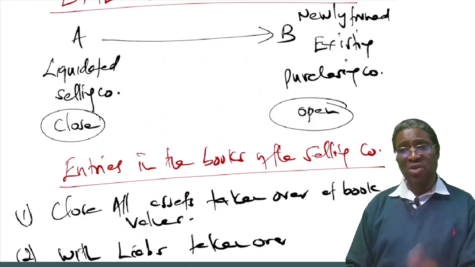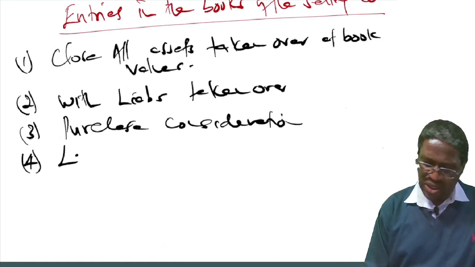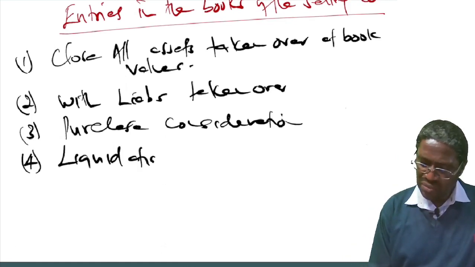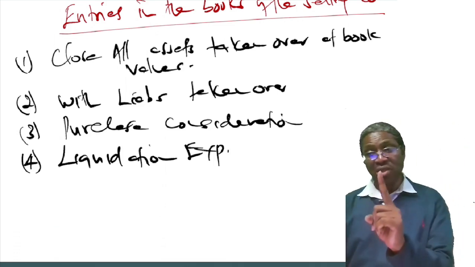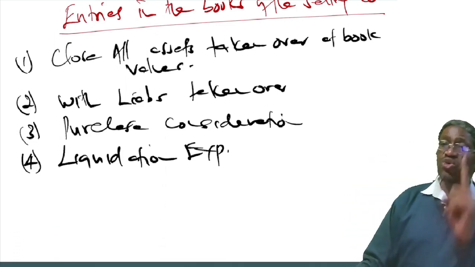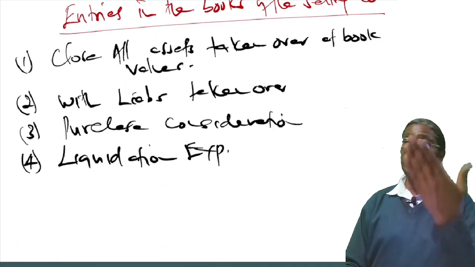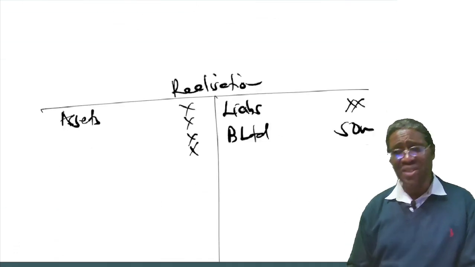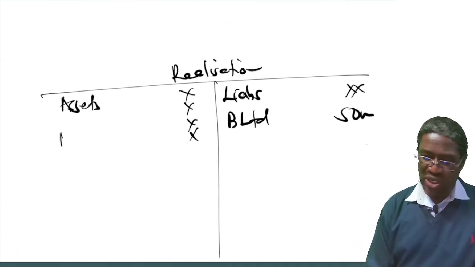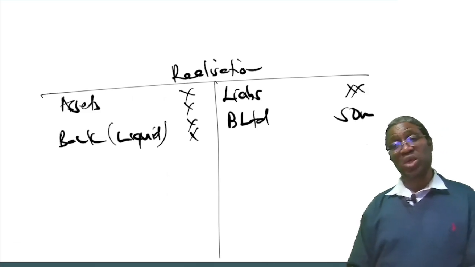So our entry number 4 says, with liquidation expenses, if you as company A paid for yourself that amount of liquidation, maybe 1 or 2 million, you will debit realization and you will credit bank, with whatever the amount of the liquidation expense is.